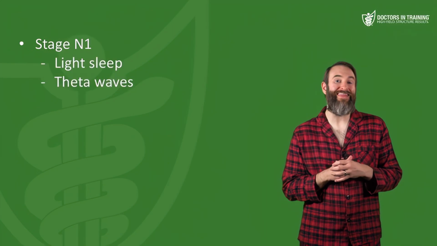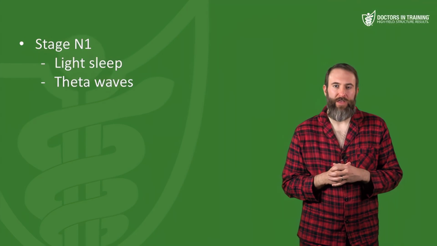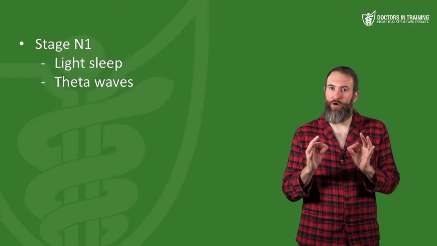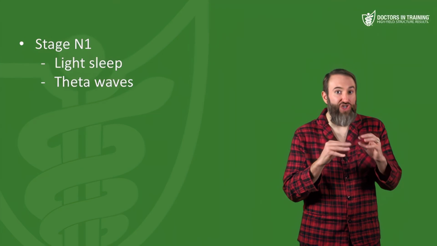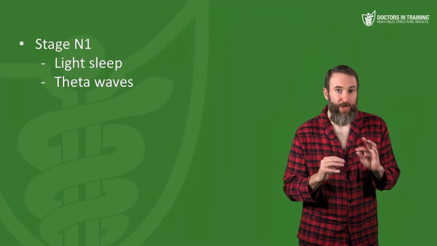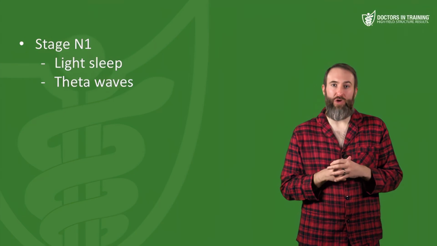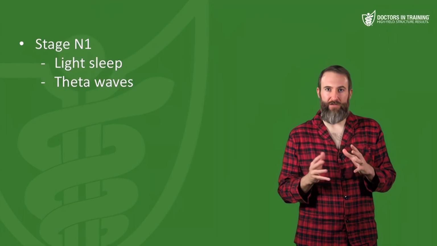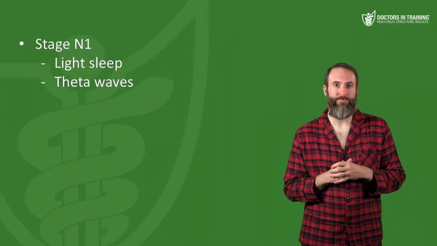Here we see theta waves on the EEG. Now there are some books that might have stage 1 showing alpha waves. Alpha waves, remember, are seen in that kind of awake state just before sleep. You're chilling out. Make sure you know that stage N1 sleep, when you are actually asleep, shows theta waves. Now young adults will spend about 2 to 5% of their sleep time in that stage 1.